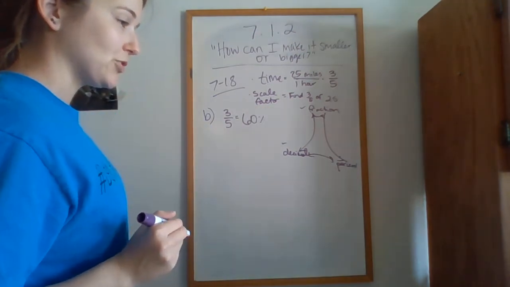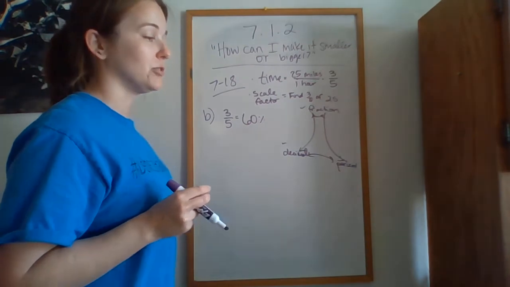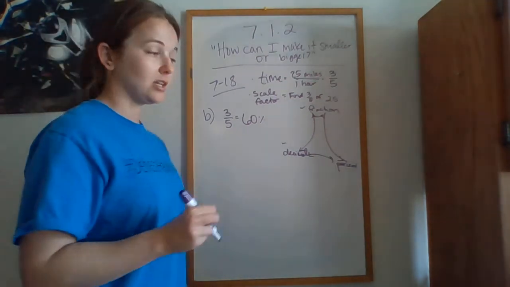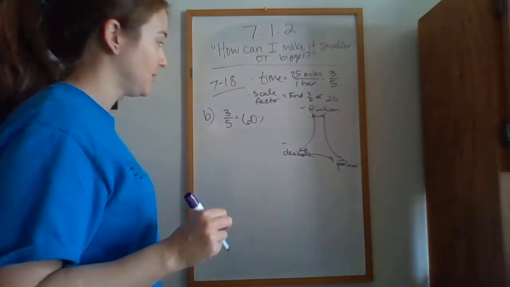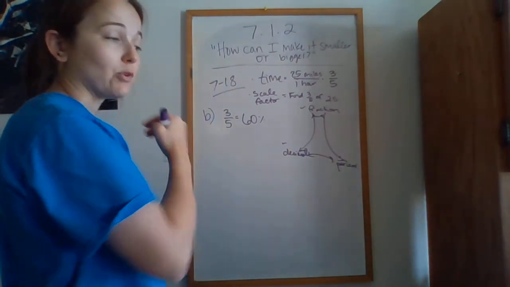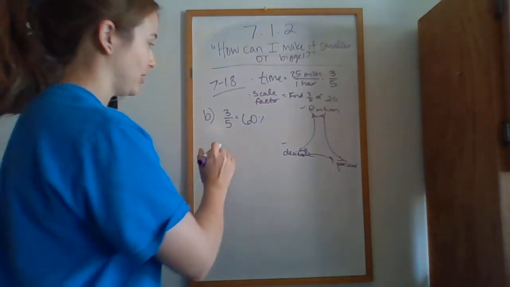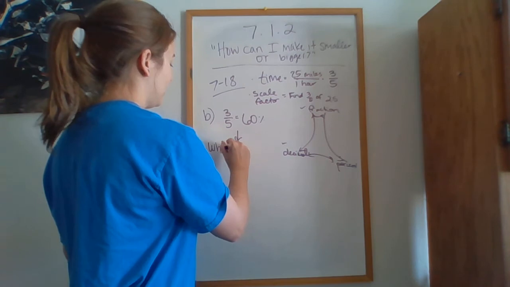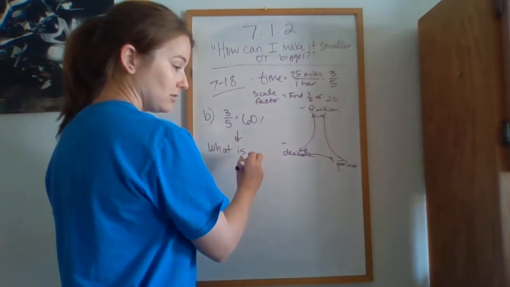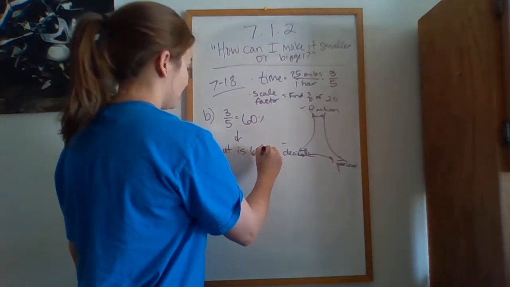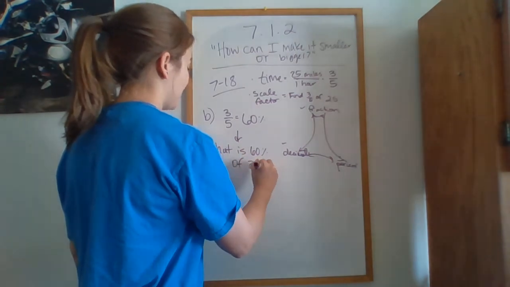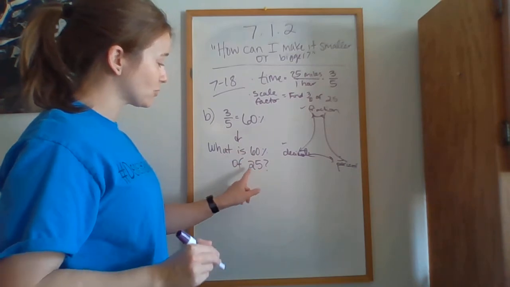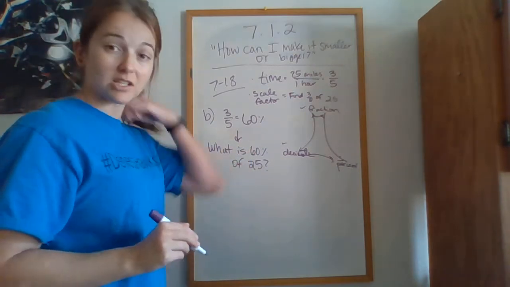And it says, use this percent to write a statement in words and symbols that's equivalent to 25 times 3/5 equals 15. So we're going to write a sentence or a question. I actually wrote a question, and I've already written it earlier. So my statement is going to be, what is 60% of 25? That is the same thing as writing what is 3/5 of 25 and what is 0.6 of 25.